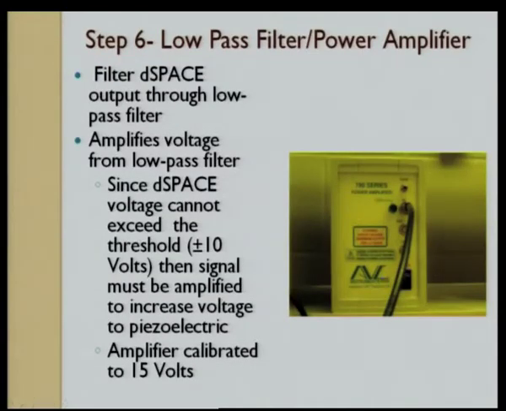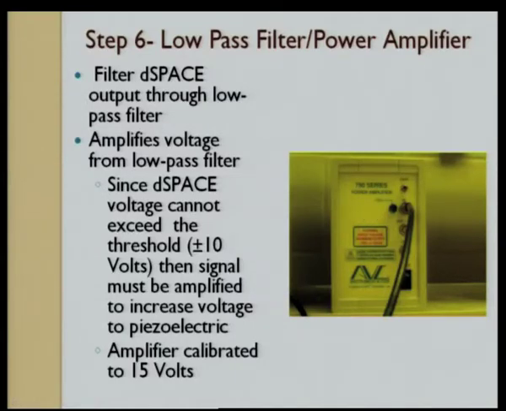After the output is there, it is again passed to a low pass filter or a power amplifier, because the output may be very small as the voltage levels are very small. We require a larger voltage because this voltage has to be amplified in order to give the necessary control force for the decay of vibrations.